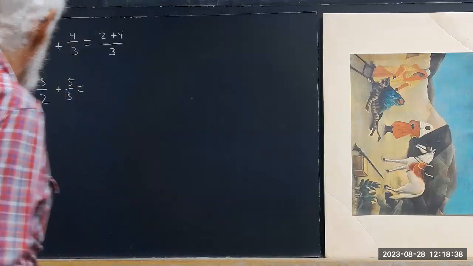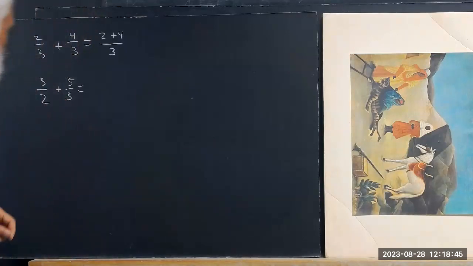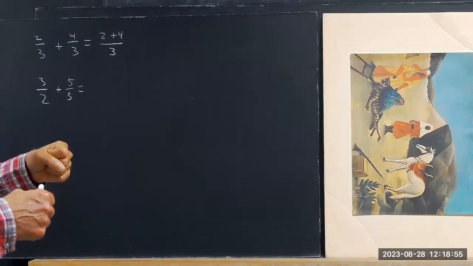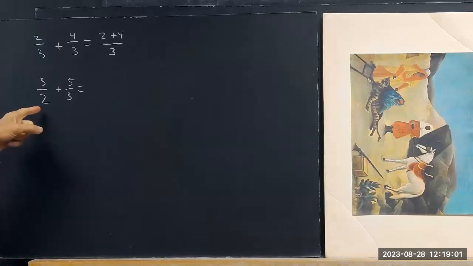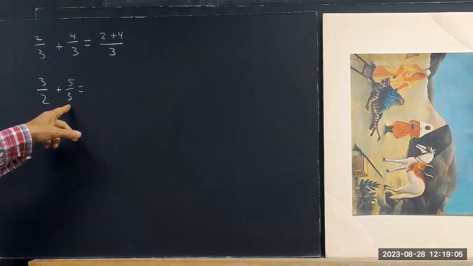Okay, well, anyway, so here, 3/2 plus 5/3. What we've got to do is say, geez, I could divide this pizza into 4 pieces, but those pieces wouldn't match up with the thirds I have here, would they?